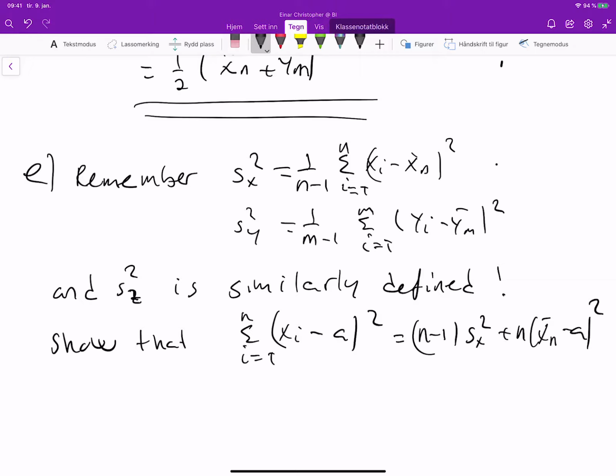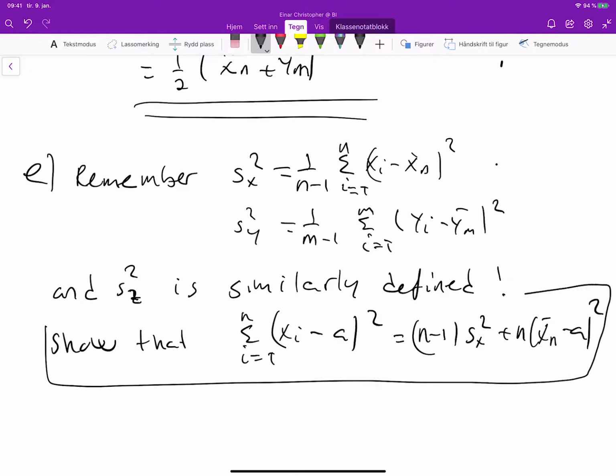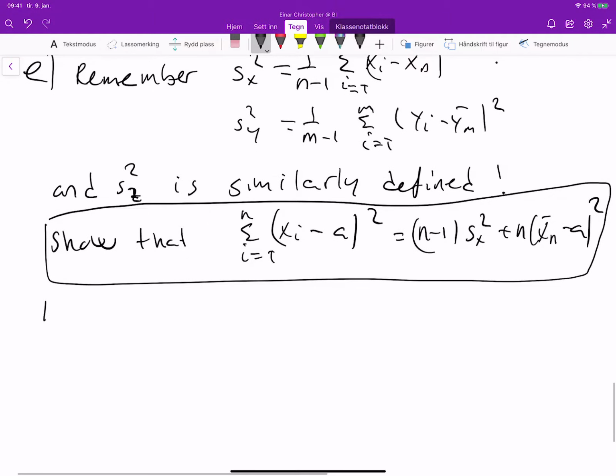So this is what we are going to show. And we get a hint, and that's very important to use here. That is on the next slide, but the hint is as follows.